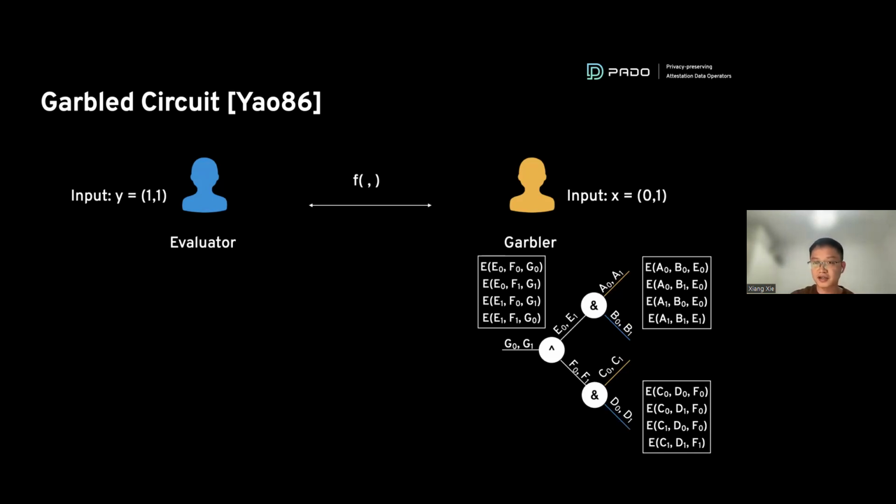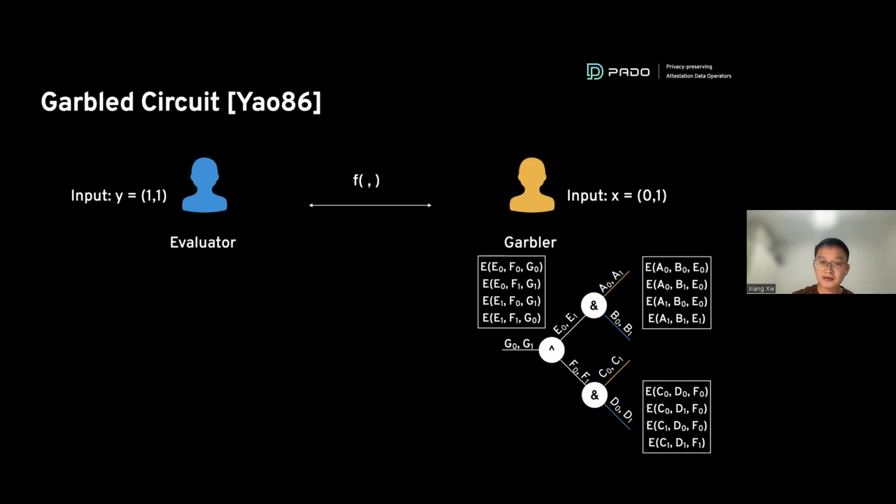For example, for the first AND gate, using double-key symmetric encryption, like AES, he uses the input labels as 2 keys to encrypt the output label. The way he encrypts is according to the gate. For the AND gate, the order is 0, 0, 0; 0, 1, 0; 1, 0, 0; and 1, 1, 1. So you have 4 ciphertexts for each gate.